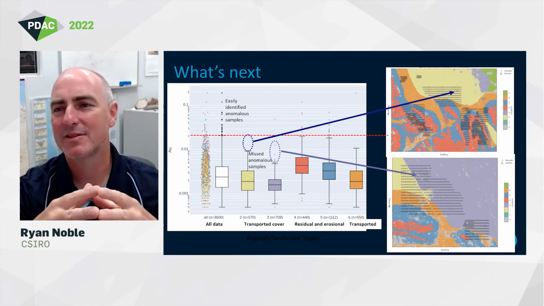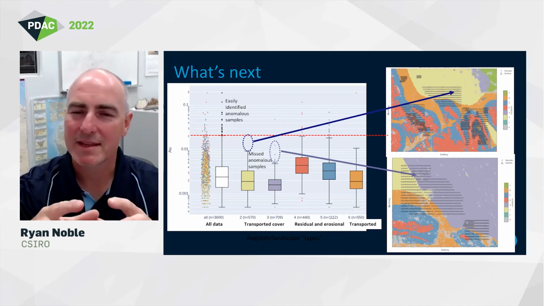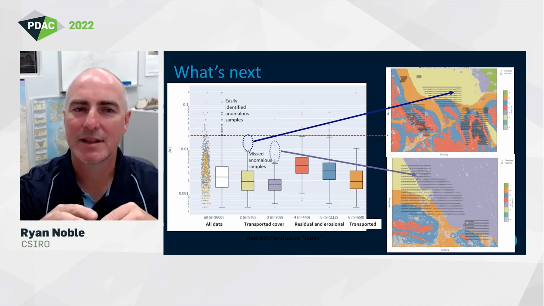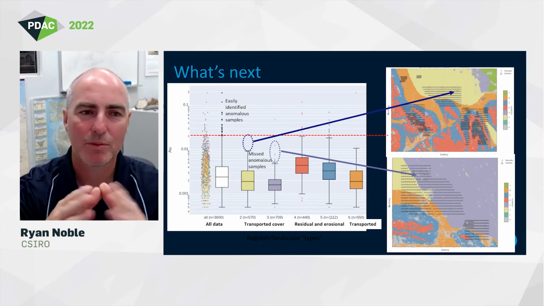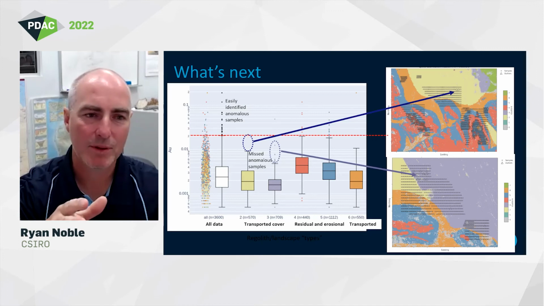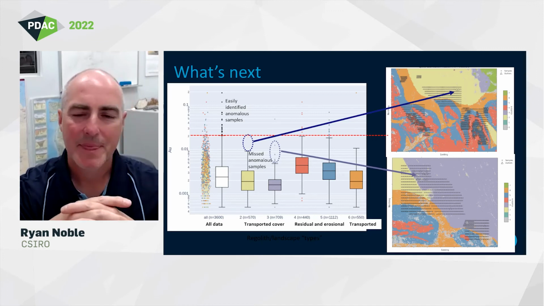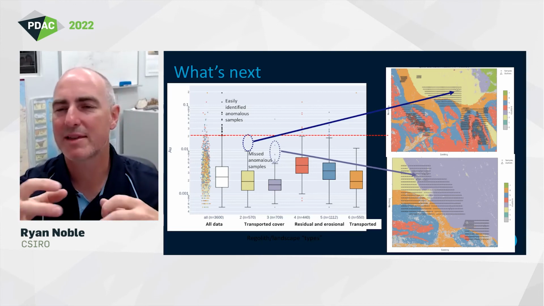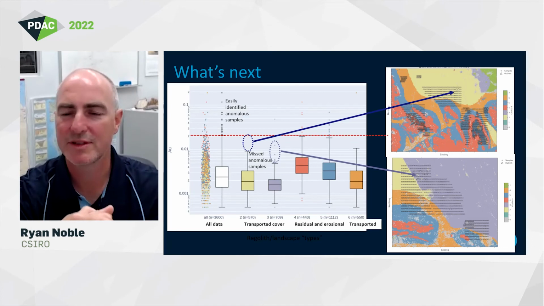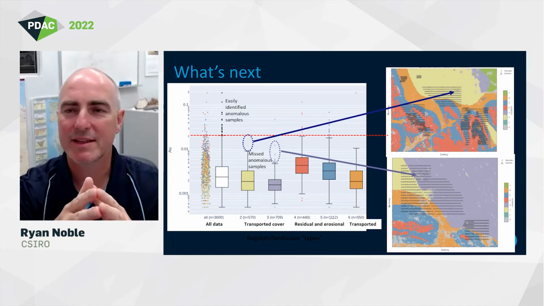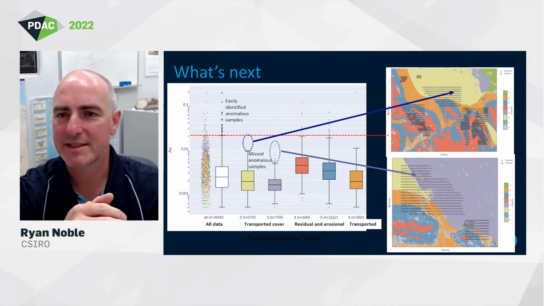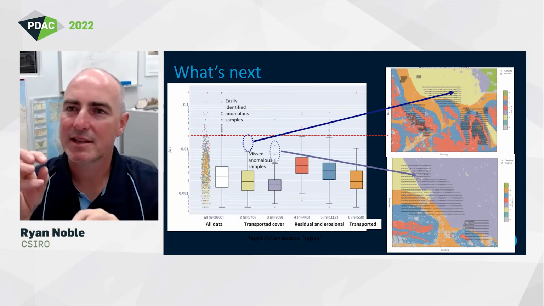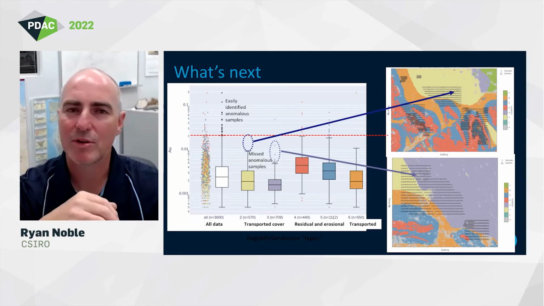That's the easy stuff to find. What we miss is the stuff that's subtle in the background. And so you can see the anomalies within the purple and that light greeny color are the missed anomalous samples, because if you looked at the whole data set, you wouldn't break those out as being unusual or different. However, when you plot them like this, and you can see the arrows pointing to where they sit in the landscape, you see there's clusters of these anomalous points.